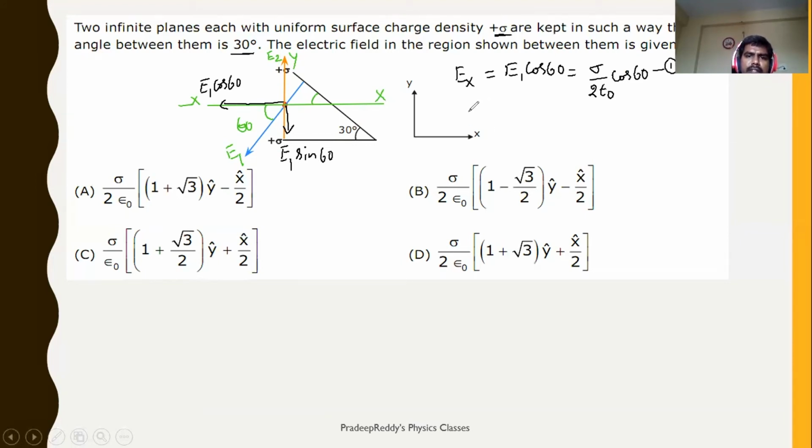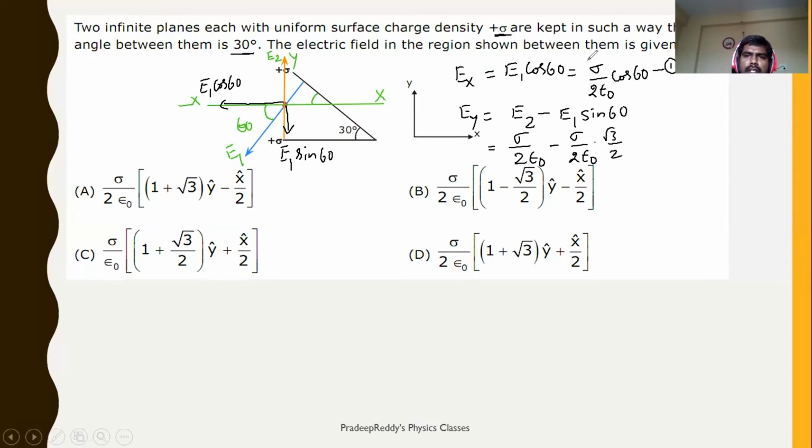Next, along the y-axis, we have E2 minus E1 sin 60, right? But what is E2? E2 is equal to sigma divided by 2 epsilon naught. E1 is in the downward direction, so that's the reason why I'm taking it as negative. E1 is sigma by 2 epsilon naught into sin 60. It is root 3 divided by 2.